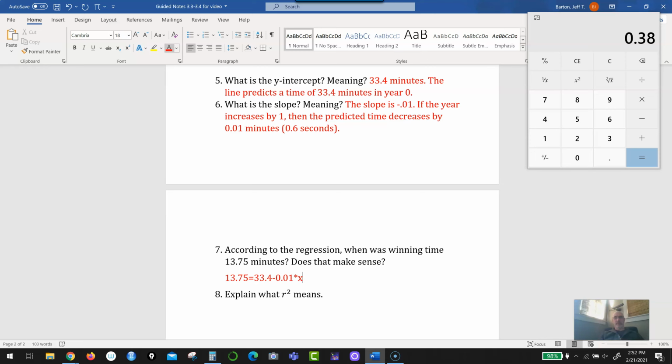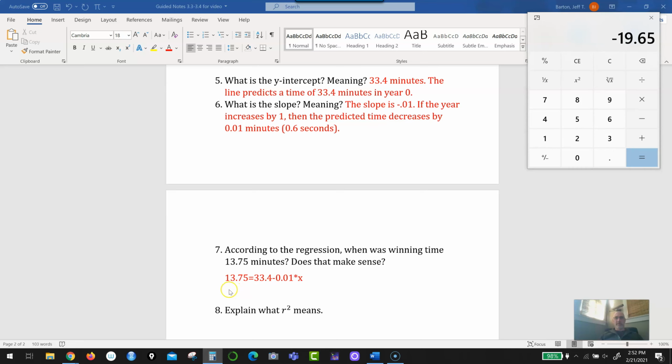All right, so 13.75 is the y, and so that has to equal 33.4 minus 0.01x. And so we can do this a couple of ways. Let me do the 13.75 minus 33.4.